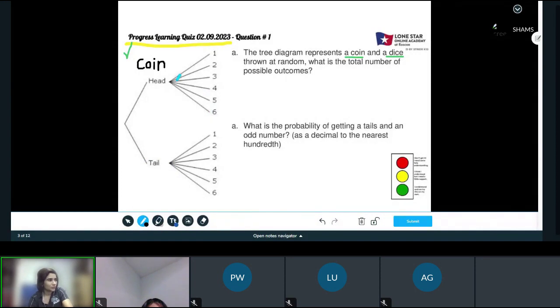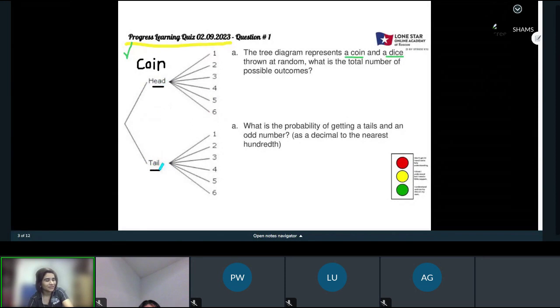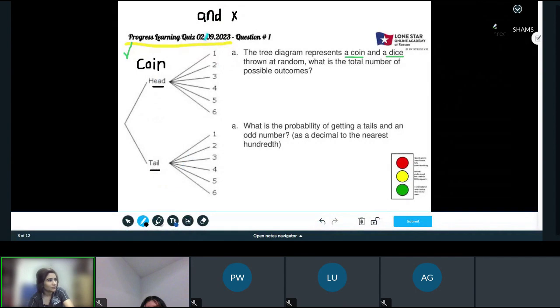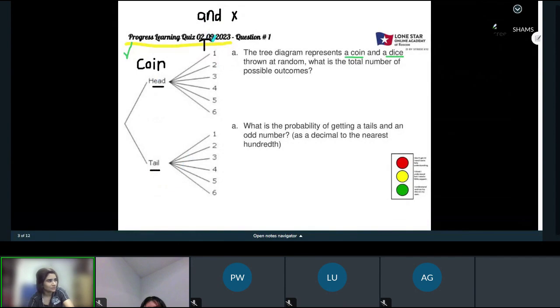Very good. So the very first branch of the tree is talking about tossing a coin. You can either get heads or you can get tails. In this case, this is like the AND probability we were talking about in our general session, right? And multiplicative, right? And then there is another thing going on. There's also a dice that is being rolled.